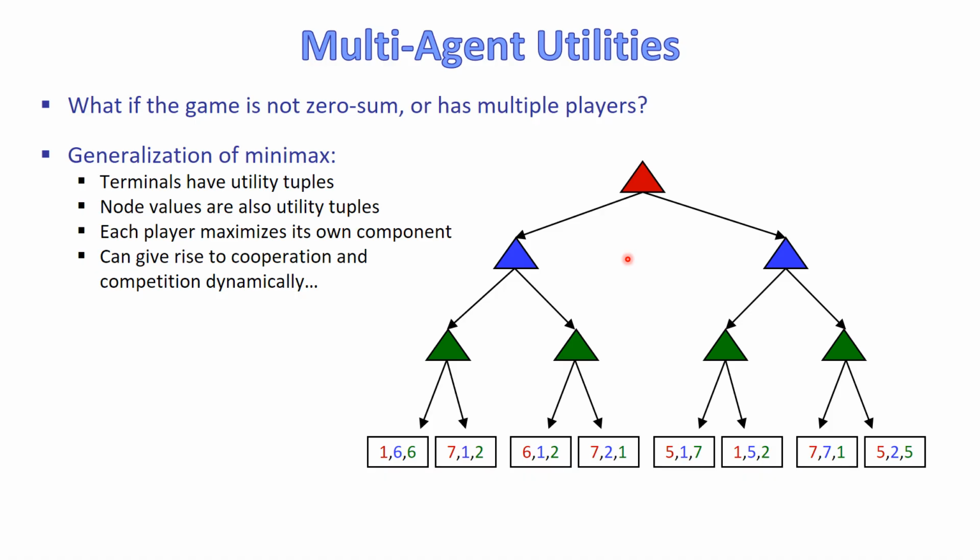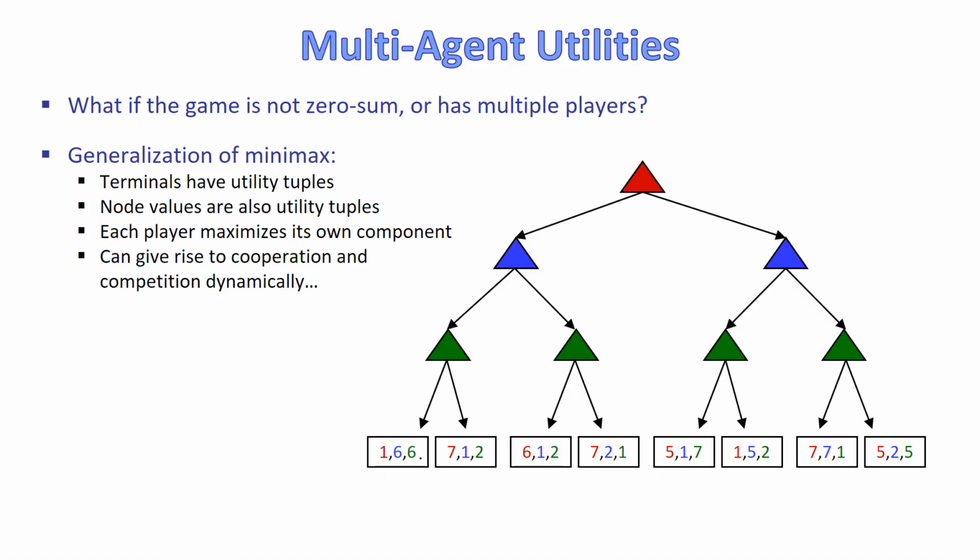For this specific example, if we want to compute the value of the game here, how would we compute it? As usual, we go bottom up. For this level, it is the turn of the green player, so the green player will try to maximize his own utility.